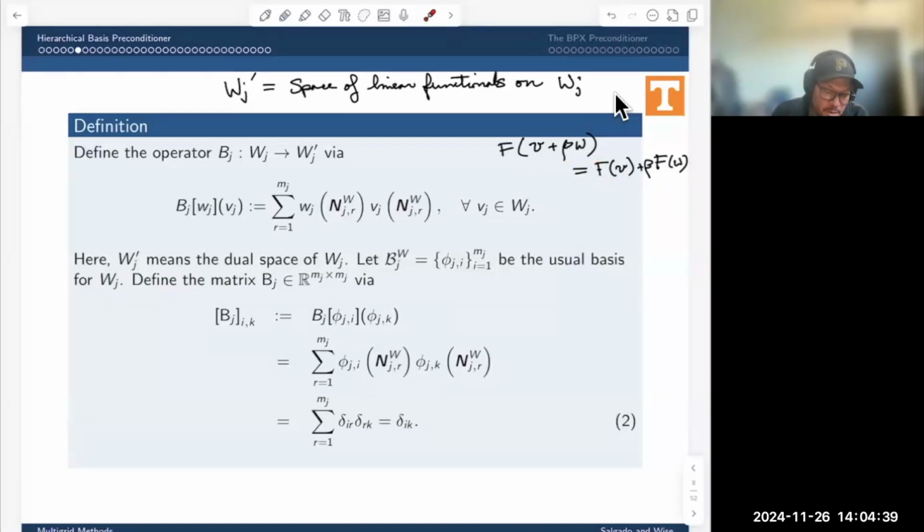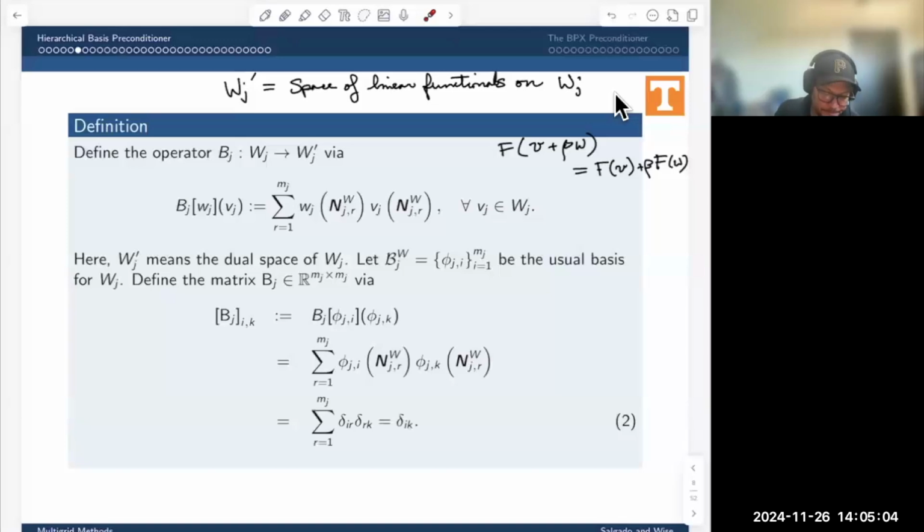So that's the sort of object that I'm going to create. Once you give me a function from WJ, I can create a functional that's going to act on arbitrary elements of WJ.